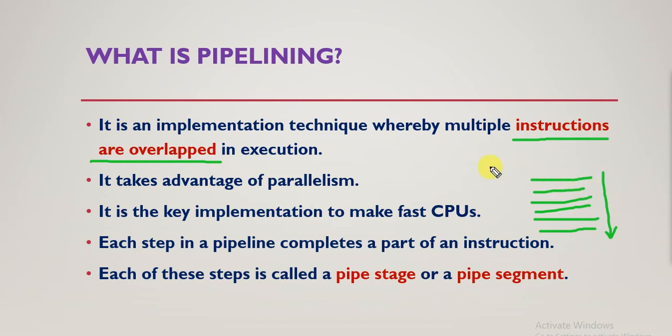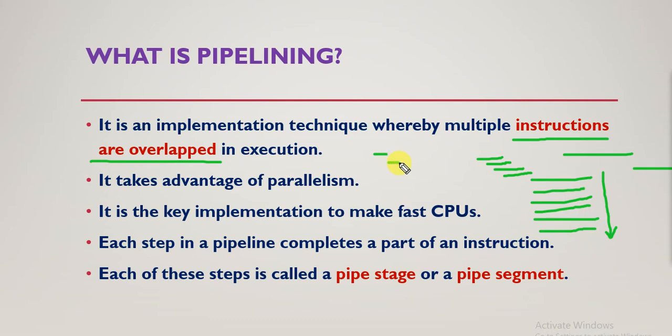If we try to overlap these instructions in terms of time, that means without taking the entire time for the first instruction, then starting the second instruction, then going for the next instruction, what we can do in pipelining is just overlap. Before completing the first instruction itself, we can start the second one.